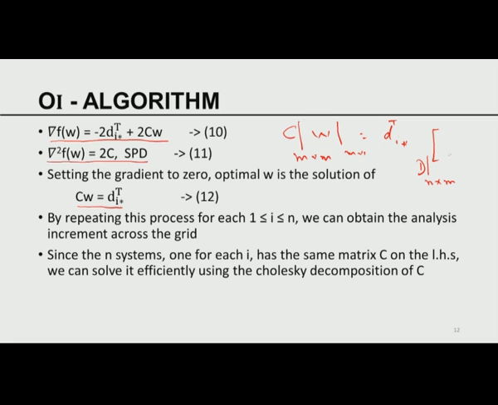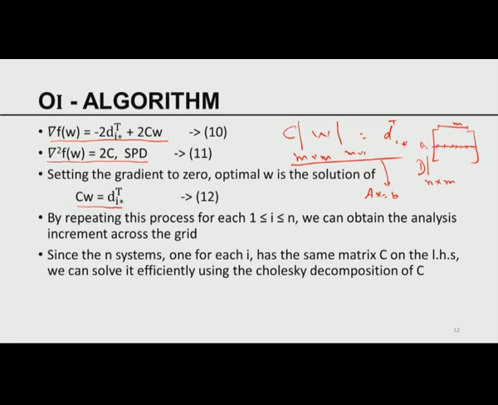Therefore in the matrix D, the ith row is an m vector. Therefore di star is the ith row, di star transpose is the m column vector. So this is of the form Ax equals b, where A is an SPD.